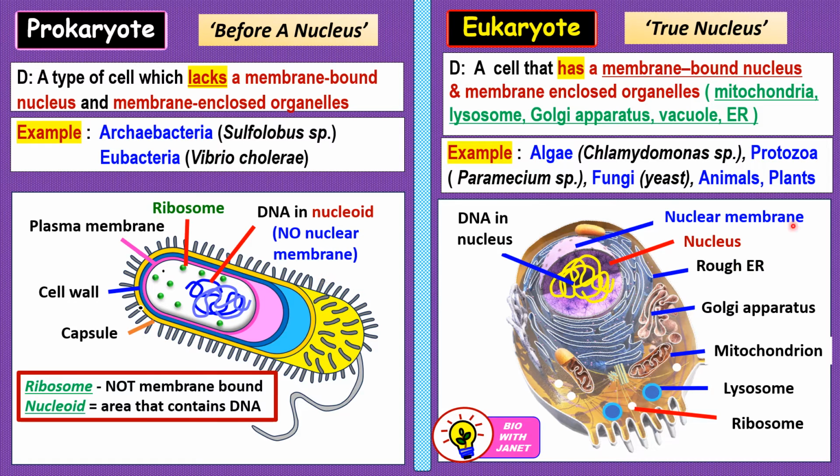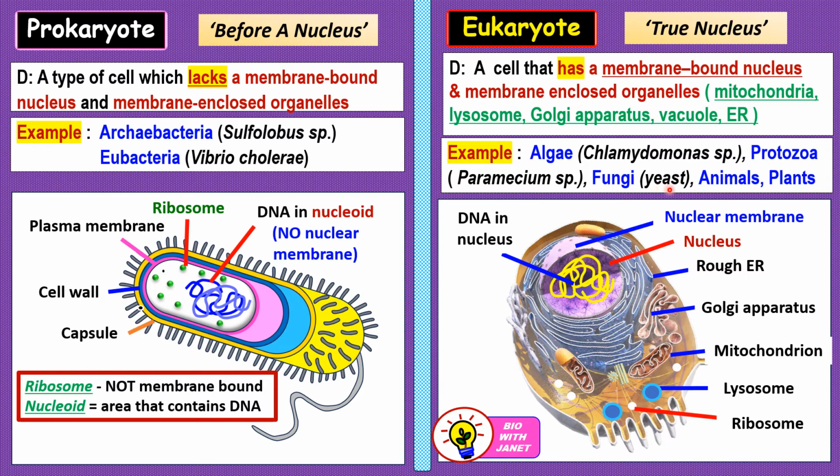Okay. Examples of algae are Chlamydomonas species, a unicellular algae, and protozoa, a single-celled organism, such as Paramecium. They are eukaryotes, compared to bacteria, which are prokaryotes.